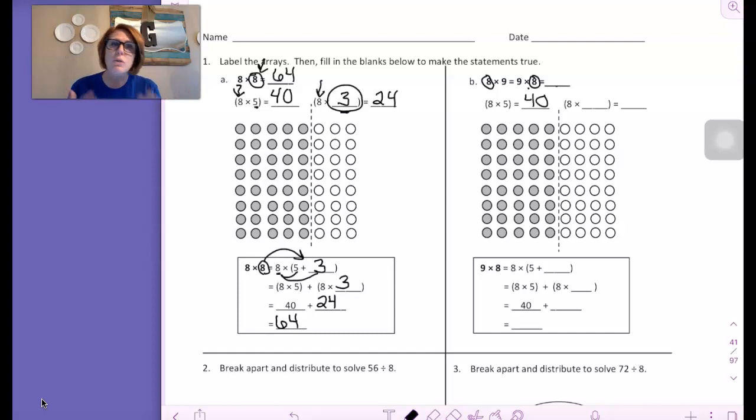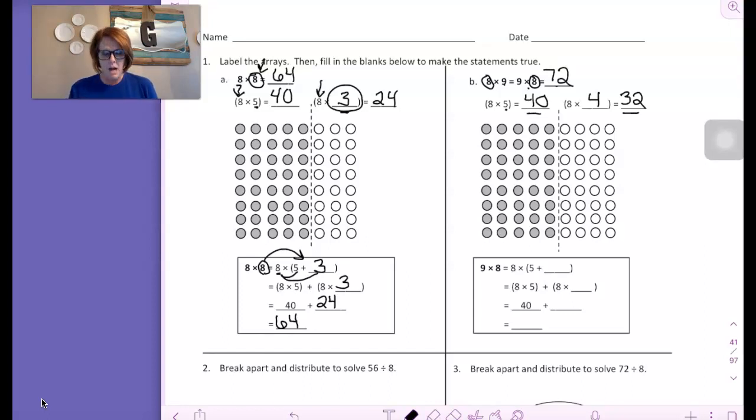That's the go-to fact because 40 is a nice even 10 number. When we pull that 5 out of the 9, we're left with 4, aren't we? And 8 times 4 equals 32. Then we add 40 plus 32 and get 72.